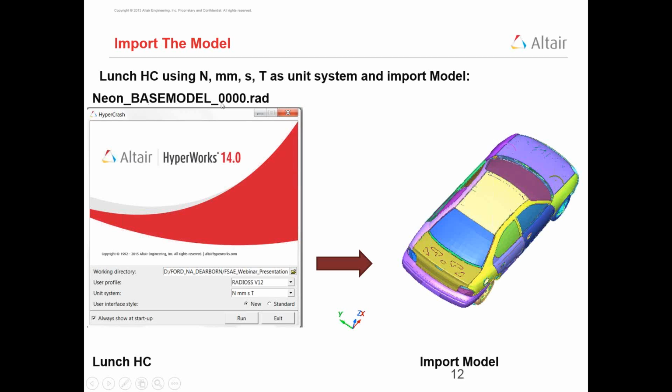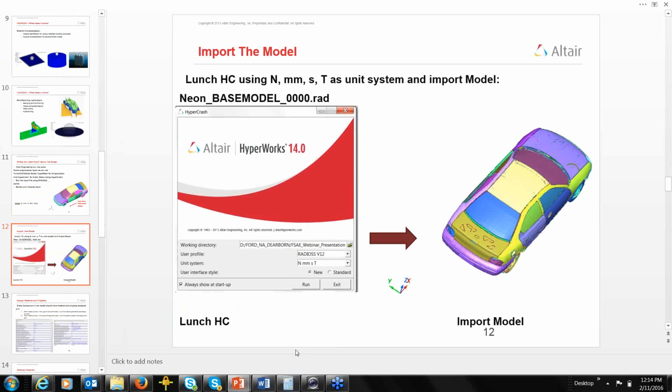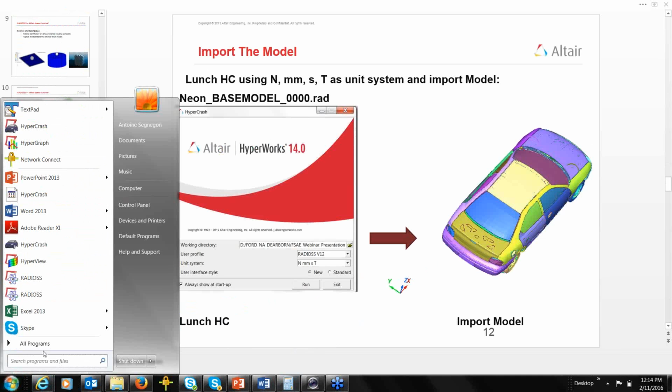I have a model called the NEOM-based model. We will import this model into HyperCrash and set it up. I already have a pre-set-up version, but I'm going to show you how the setup is done, such as how to create material, input the parameters, and so forth. So we're going to switch from the PowerPoint to the demo.